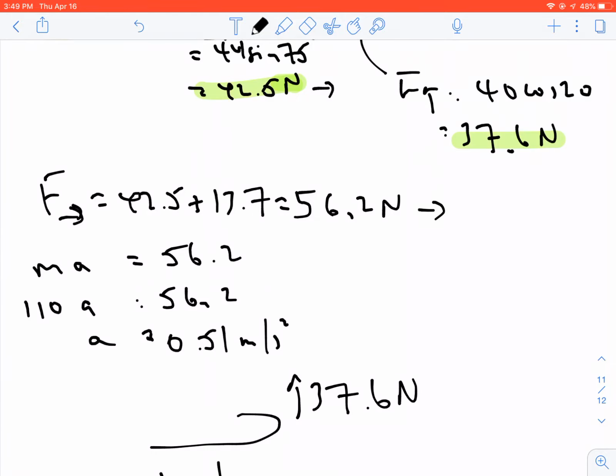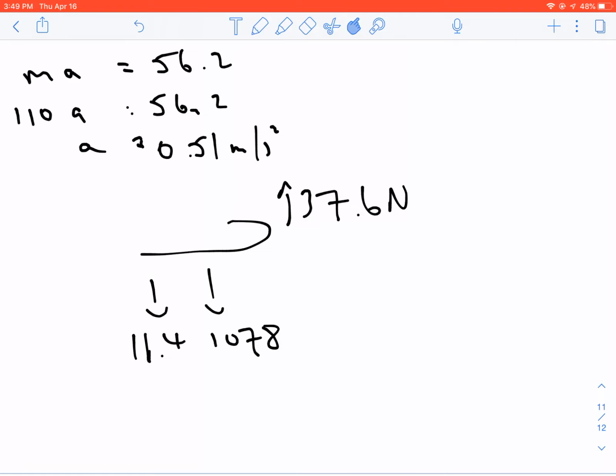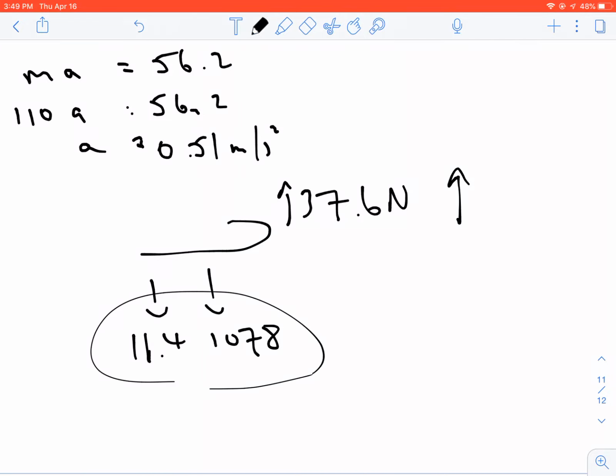So the question is, how much more force would the person require in order to balance the weight of the sled and the person? Again, this is really not a good question. It's not worded very well, and it doesn't really make a lot of sense. But I'm basically thinking it must be asking what missing force would balance all of the downward forces. So I've got 1078 and 11.4, 1089.4 down, because of the person pushing on the shoulders of the tobogganer and the planet pulling down on the toboggan and the tobogganer.